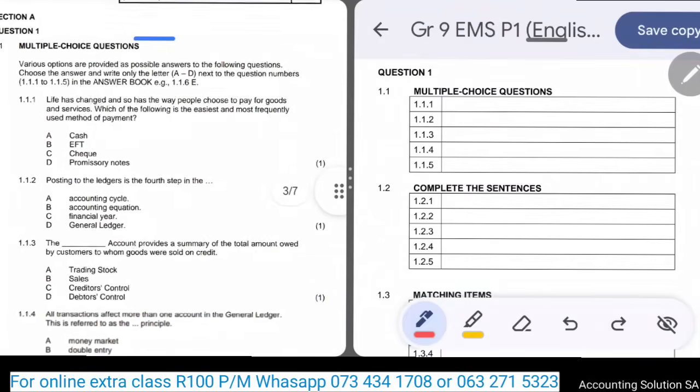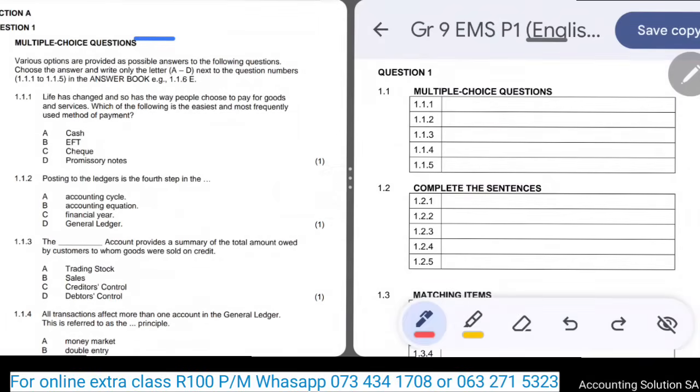Section A is multiple choice, so I will be writing the answer on the other side. They say that life has changed, and so has the way people choose to pay for goods and services. Which of the following is the easiest and most frequently used method of payment? Yes, life has changed, guys.